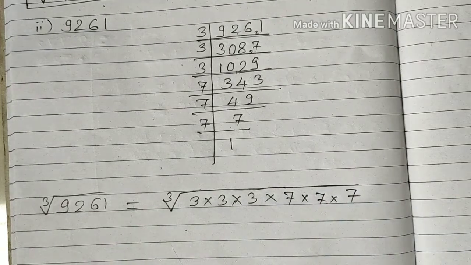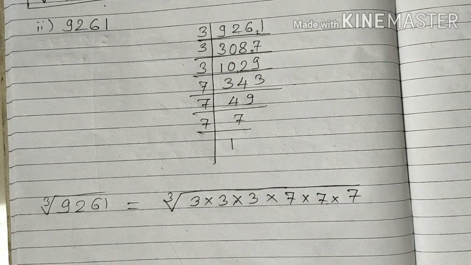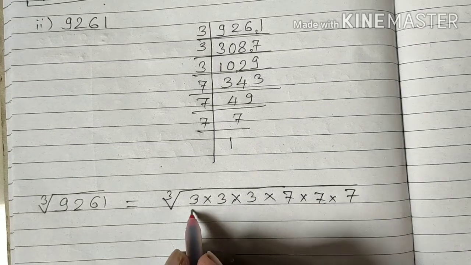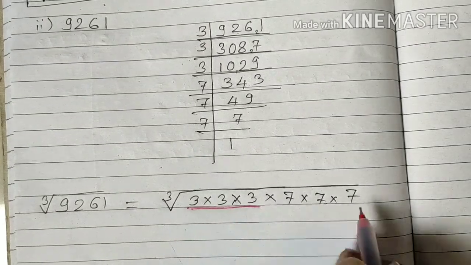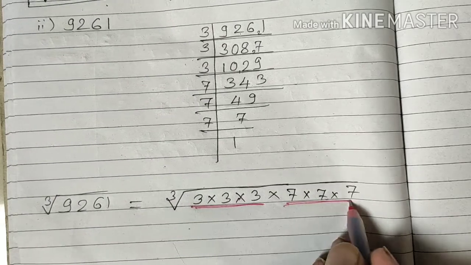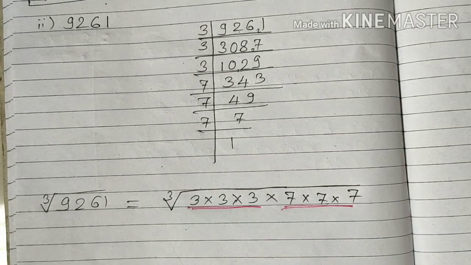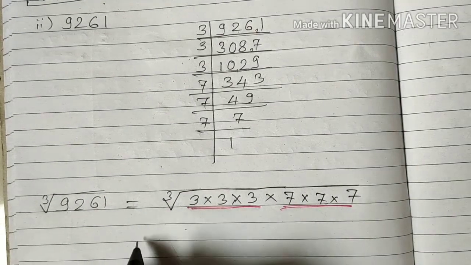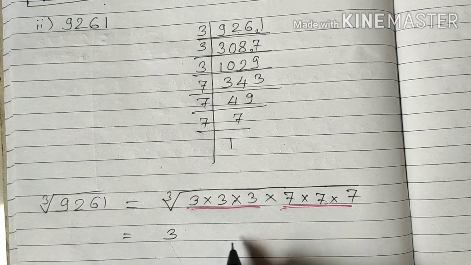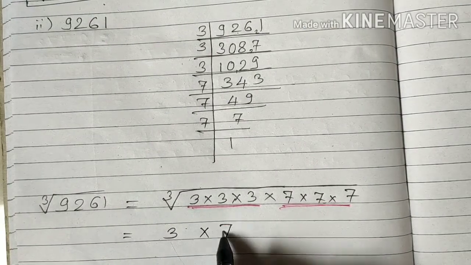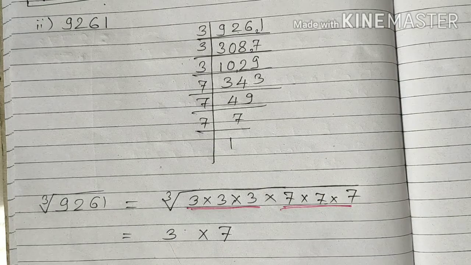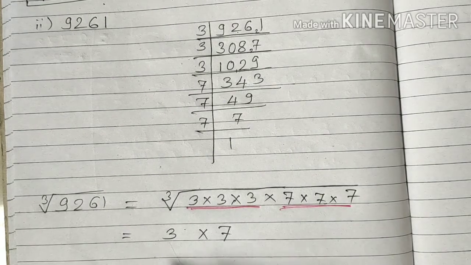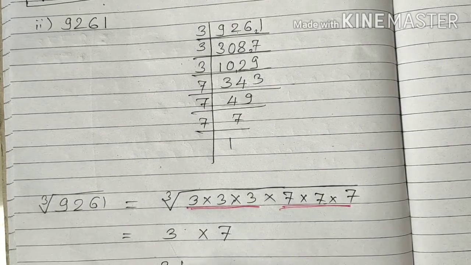Okay, so to find out the cube root, make a triplet, means group of 3. One triplet of 3 is completed and one triplet of 7 is completed. So that means one 3 will come out and one 7 will come out from the cube root sign. So 3 multiplied by 7 is 21.